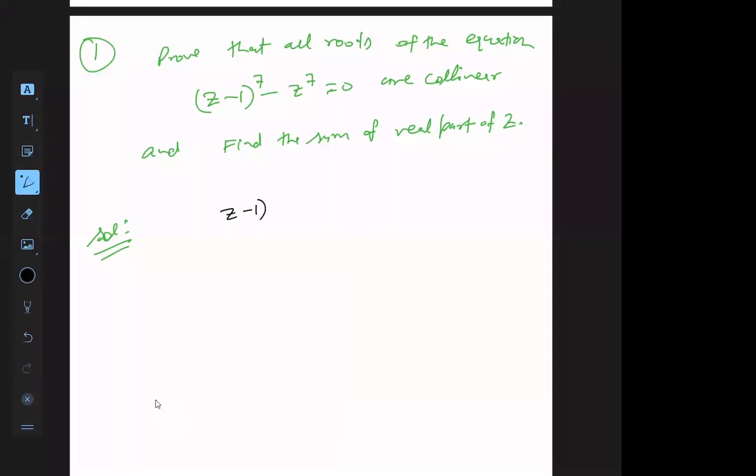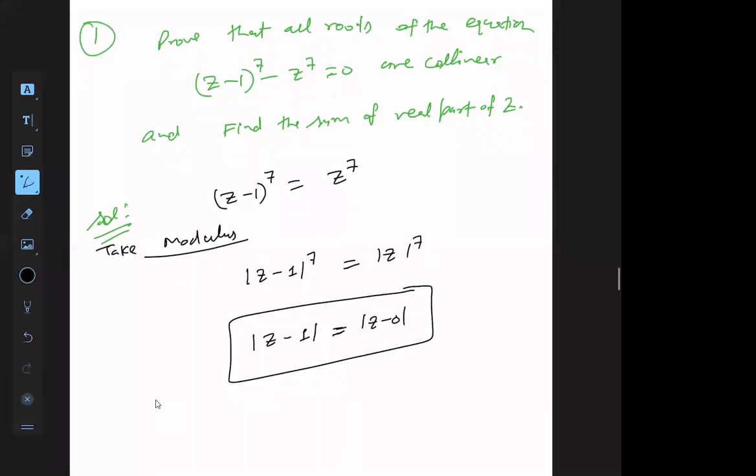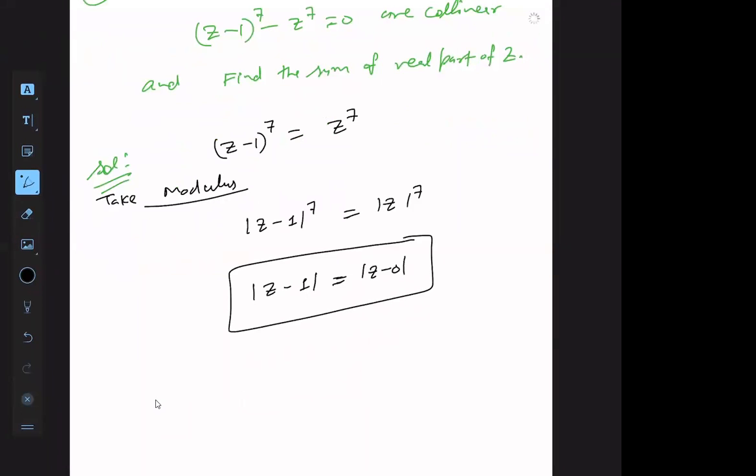Now see this one, z minus 1 whole to the power 7 equals z to the power 7. If you take the modulus here, what will you get? You will get this. Understood this one? So what is the interpretation of this?